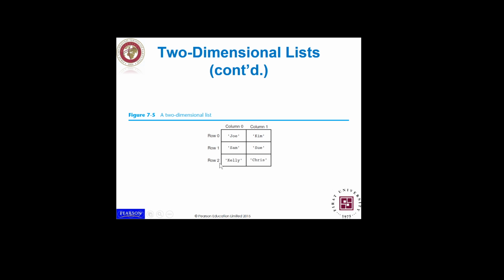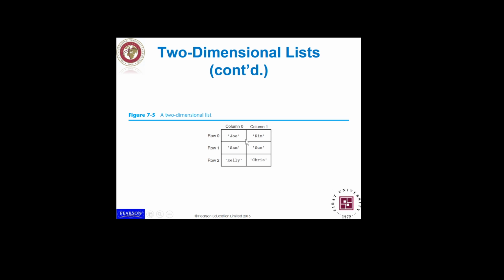And if we move again one more step to row 2, we will have the possibility of storing two other elements. That's why this is a list of one dimension, another list of one dimension, another list of one dimension. So we have a list of lists.